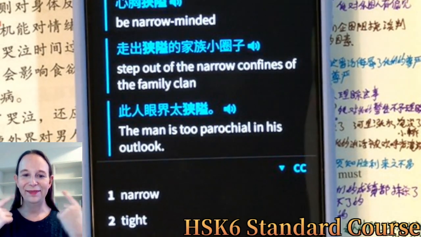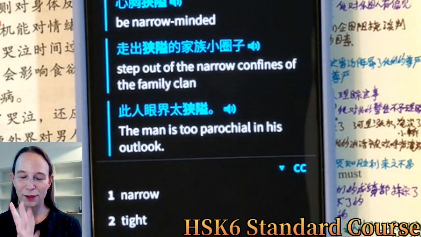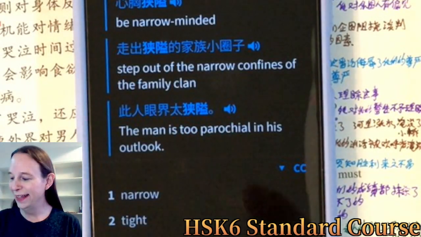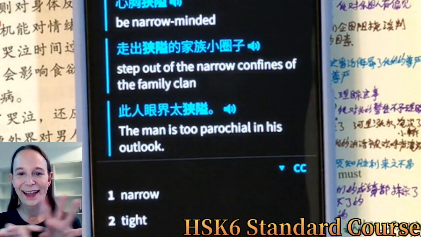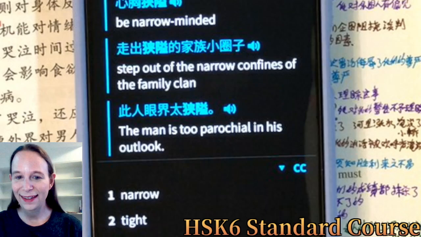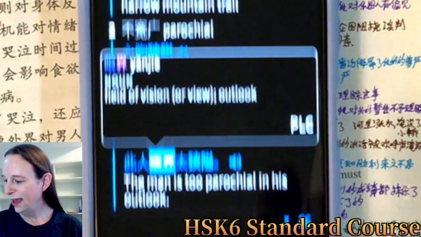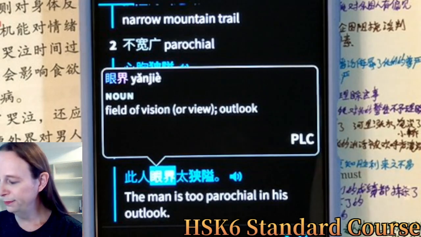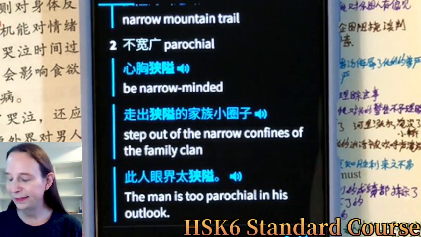Okay, 眼 meaning eyes, right? So 界 here, we talked about this with academic circles. It's the scope of academia. Here it's the scope of things in your vision, right? It's the things you can see, meaning your kind of worldview outlook. Yeah, field of vision, but usually field of vision is 视野.